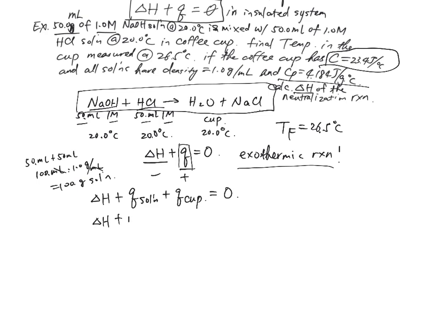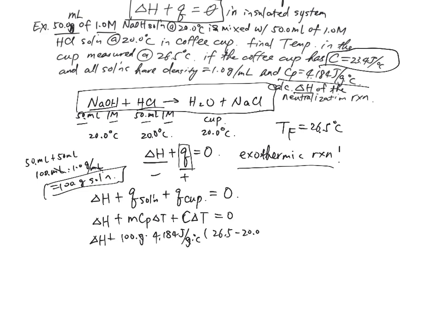Q of the solution is m Cp delta T, and Q of the cup is C delta T. So delta H should equal the mass of the total solution, which we just calculated, 100 grams times 4.184 joules per gram per degree Celsius times delta T, 26.5 minus 20 degrees Celsius, plus C delta T, 23.4 joules per degree Celsius times 26.5 minus 20, the same temperature difference for the cup. And all that equals 0.